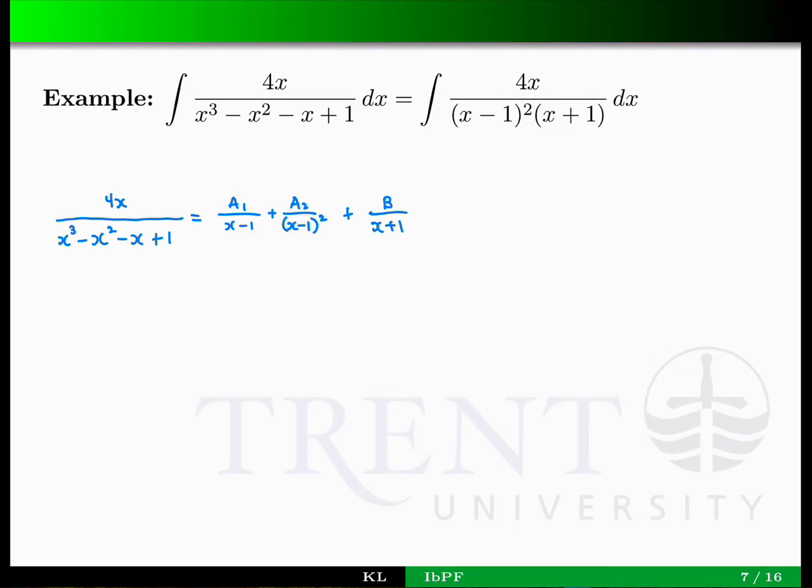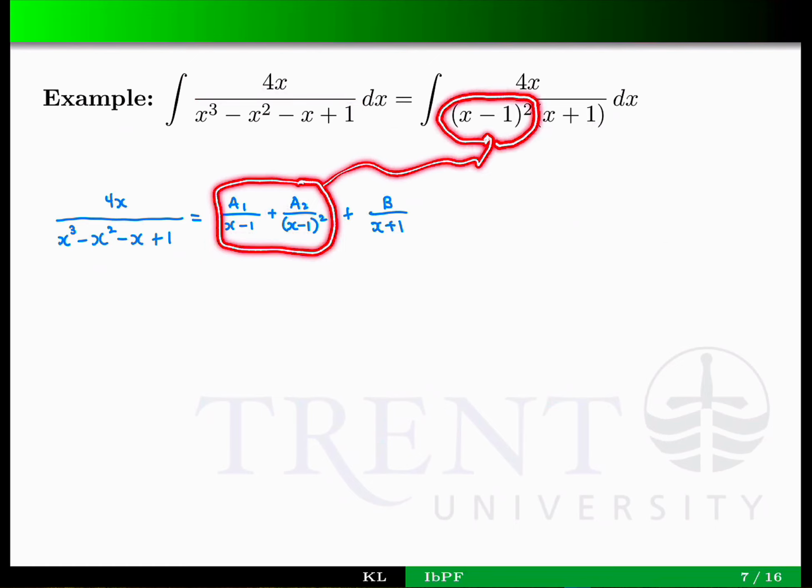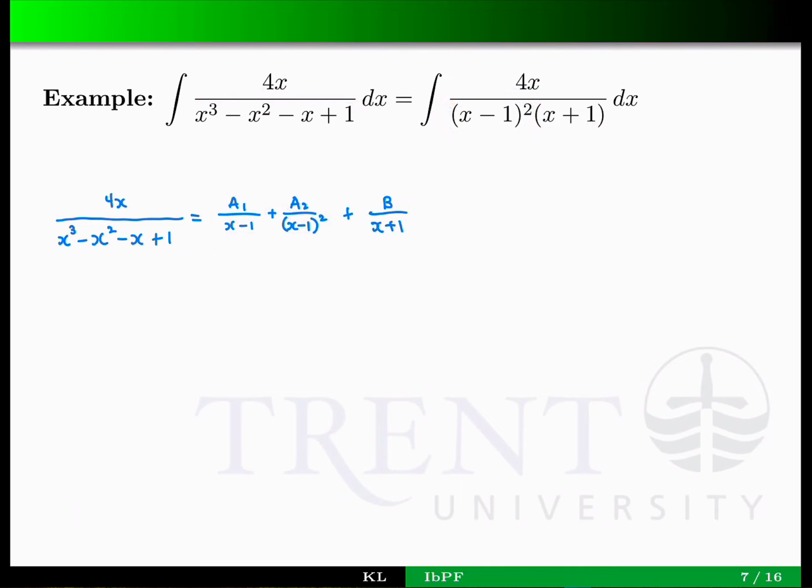Again, this part here corresponds to the factor x minus 1 squared. If it was x minus 1 cubed, then you put another one here, the one that will correspond to the power 3, and so on.